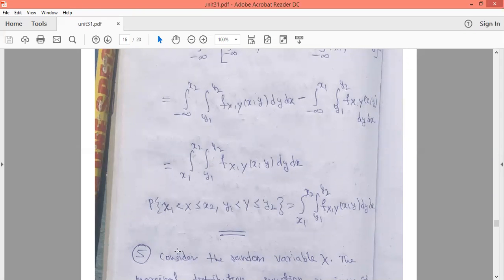Like this, using this equation we can find out the probability of joint event. So that is probability of x1 less than x less than or equal to x2, y1 less than y less than or equal to y2 is equal to integral x1 to x2 integral y1 to y2 fxy of x comma y dy dx. Okay.